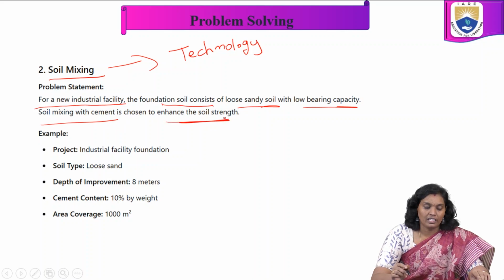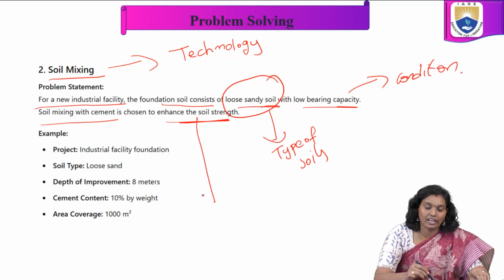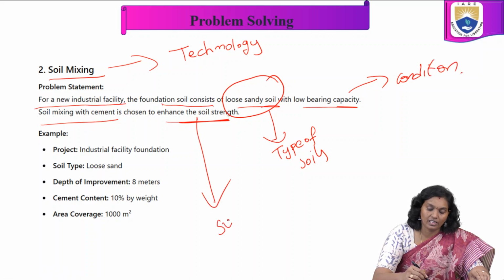So here in industrial facilities, the foundation soil consists of loose sandy soil. This is the type of soil, which means it is in a condition of lower bearing capacity. So now we are going to increase the soil strength, that is, the increase in strength is required in terms of bearing capacity.